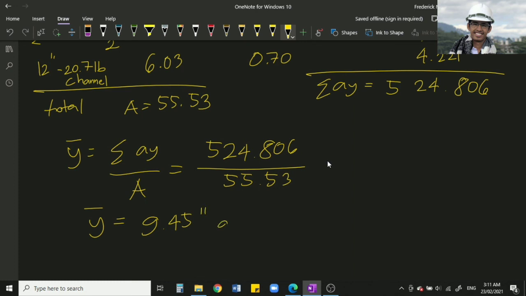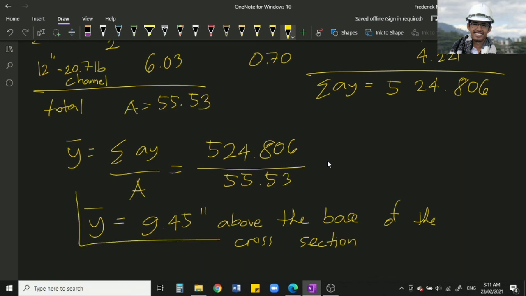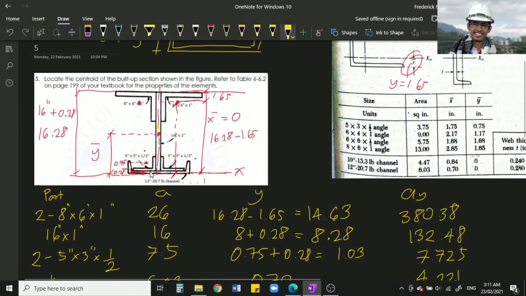Okay, this is above the base of the cross section. Okay, so ito yung ating bar Y, 9.45. So this is 9.45.